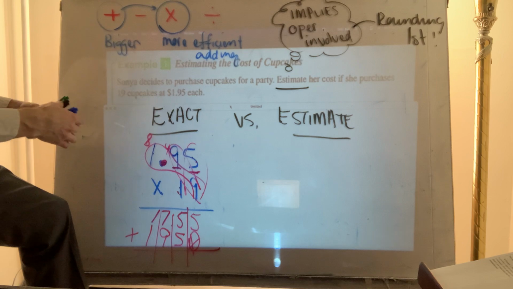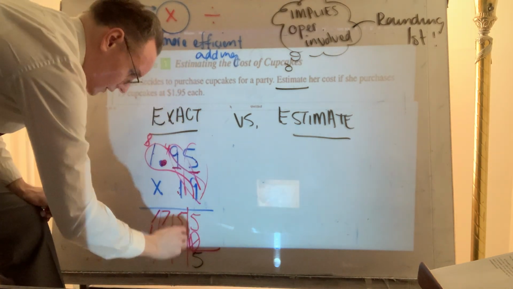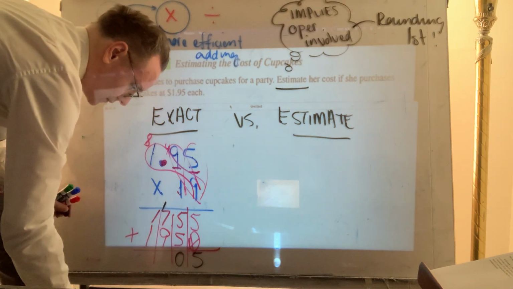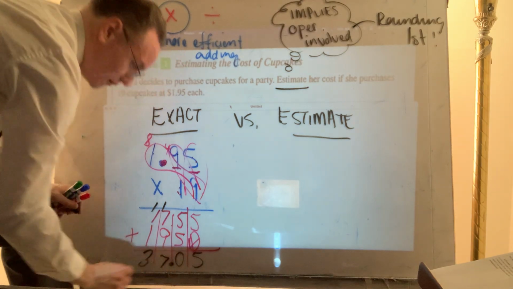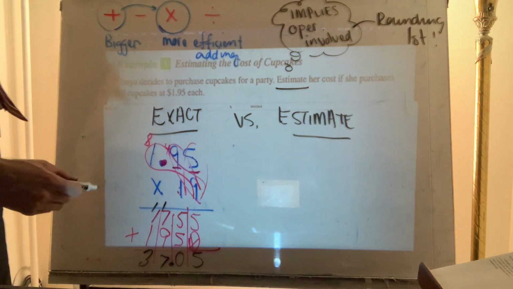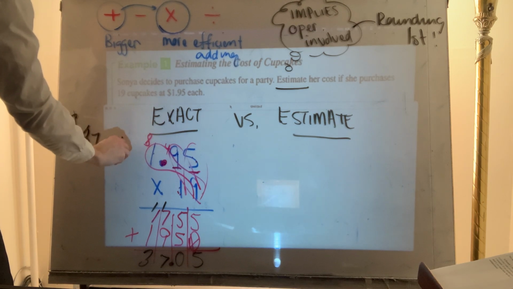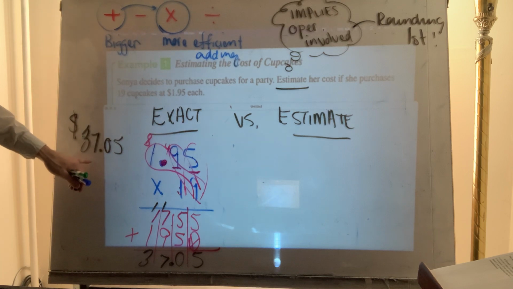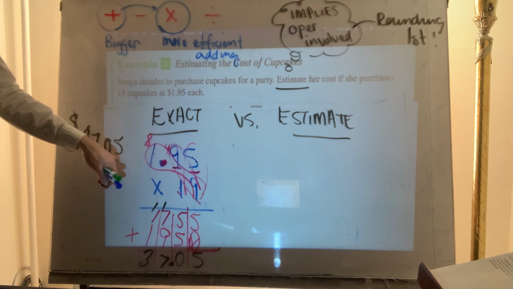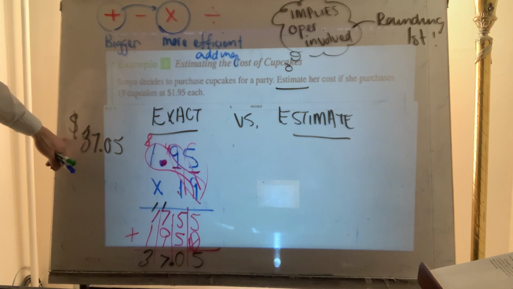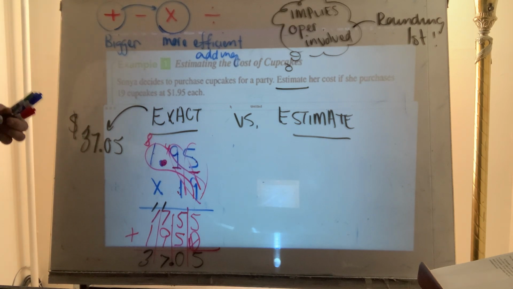So the end result would be a 5 here, a 10 here, carry the 1, 17 here, carry the 1, 3705. Right? The exact answer is $37.05, or if you want to be in math speak, it would be 37 and 5/100ths, because the 5 is sitting in the 100ths place. But nobody talks like that when they're talking about money. All right. Anyhow, that's exact. All right. Great to be exact.